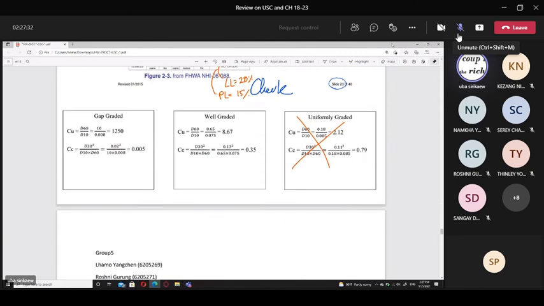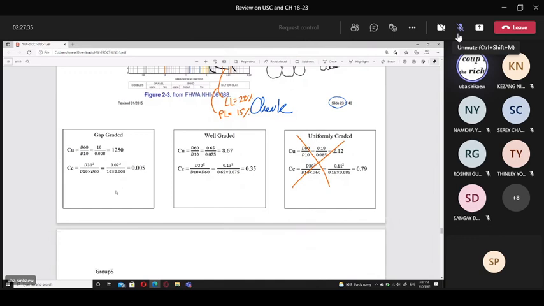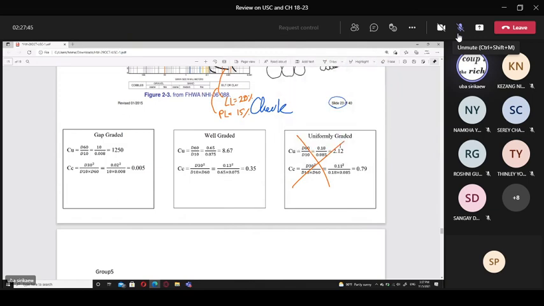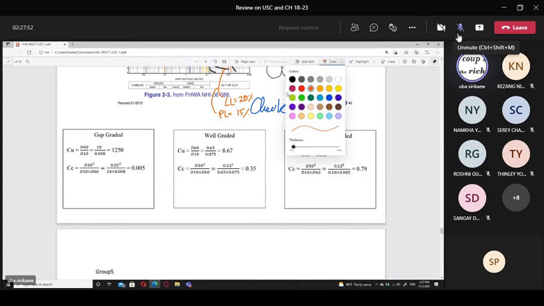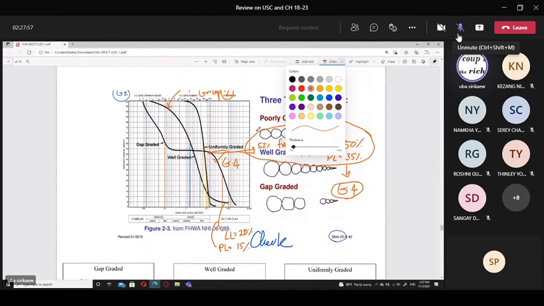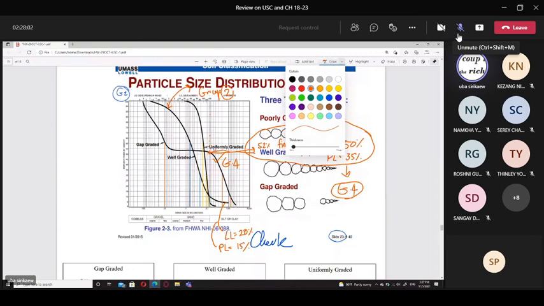Gap grade, if you take a look this for group number 2, see the grade percentage of fine greater than 50%.